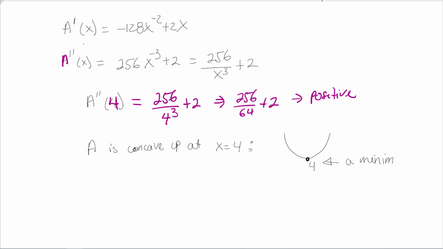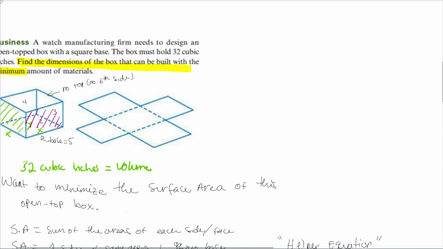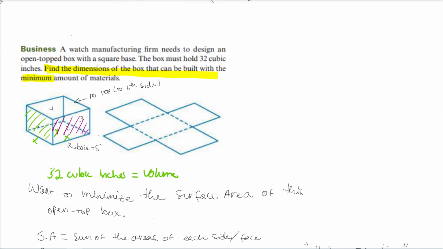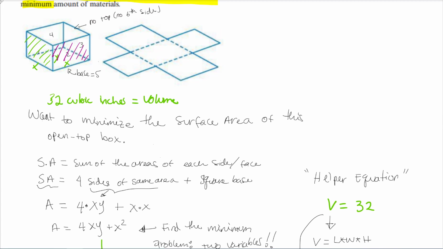Is that what we were looking for? Yes. Going back to the problem, it says find the dimensions of the box that gives you the minimum. So we found the minimum. So x is 4, and now we have the dimensions. Because it's a square base, this is going to be 4, 4, and the height is going to be y.